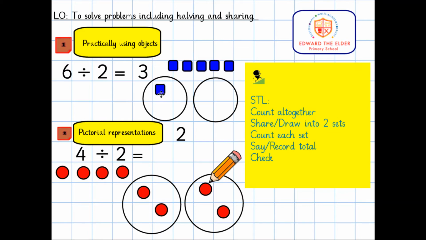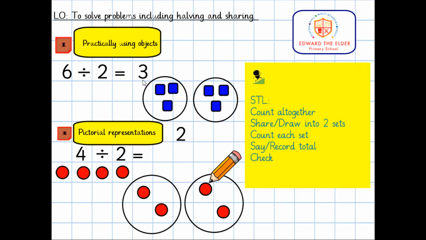One for you, 1 for you, 1 for you, 1 for you, 1 for you, and 1 for you. Therefore, 6 divided or shared by 2 will equal 1, 2, 3. Your total will be 3.